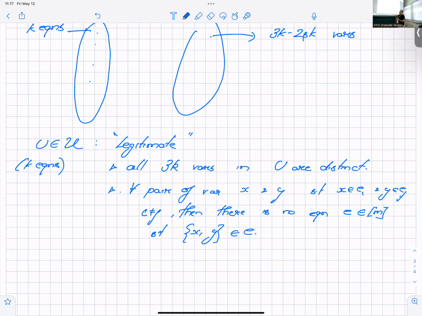The reason this is done is there might be times, eventually I don't know if we come to that part at all. This is more for the completeness setting. In the completeness setting, we have an assignment that satisfies 1 minus epsilon fraction of the equations. Now I would like to extend that assignment to the set of k tuple assignments.